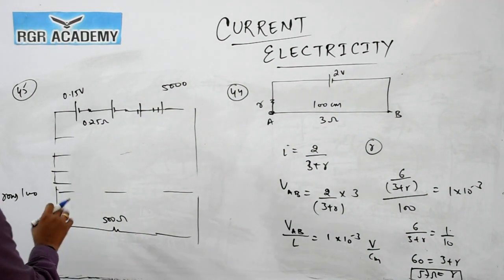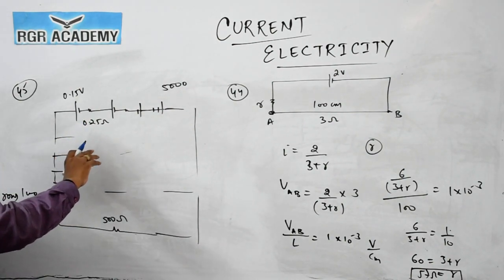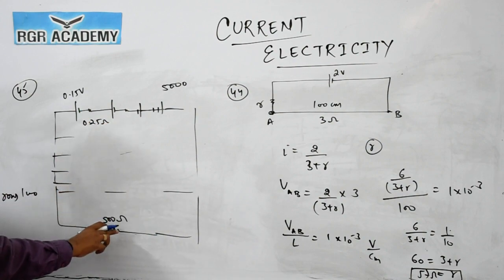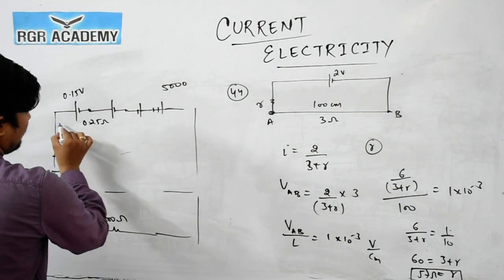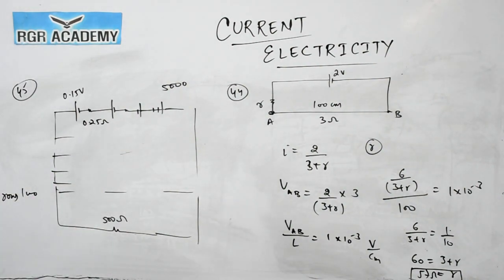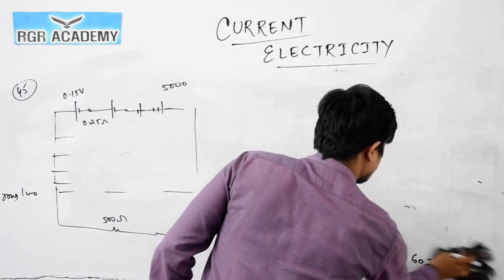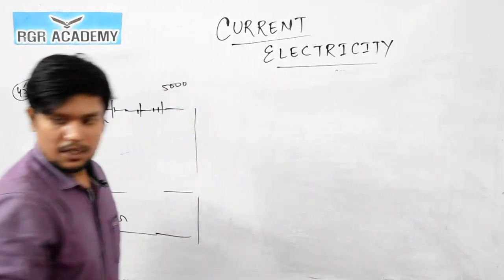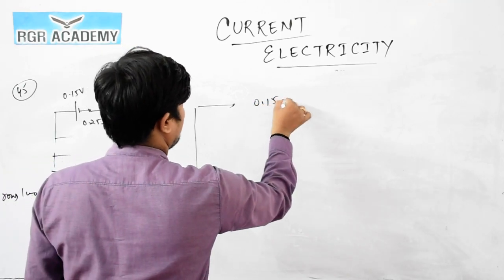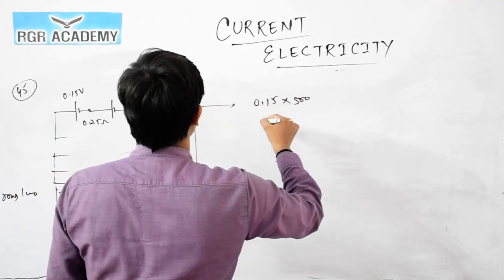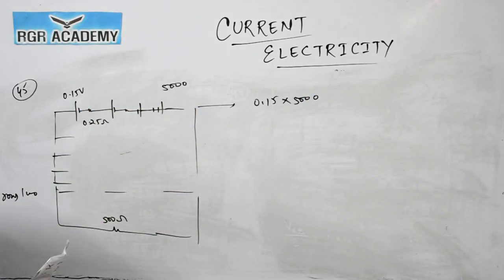So see this thing. For calculating current, what we have to do? We have to calculate the equivalent EMF of the combination and the equivalent internal resistance, and the external resistance is given to us. So how to calculate the equivalent EMF? What is the EMF here? EMF of one row: all the cells are connected in series, so the equivalent EMF of one row will be 0.15 into 5,000.